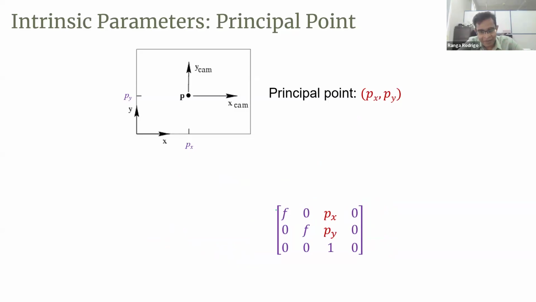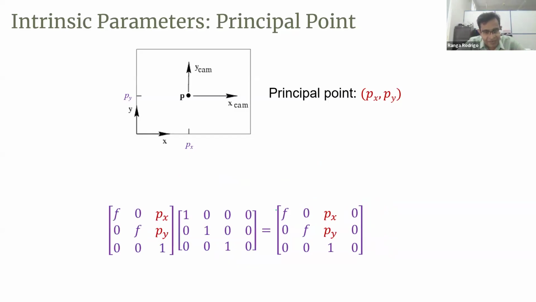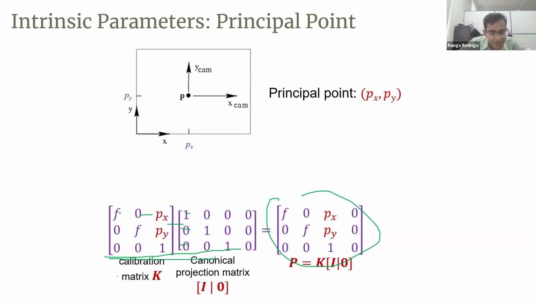Now we have the camera matrix up to this level. Now you can see that we can even decompose that in this fashion. It is possible. You can verify by yourself: f times 1, 0 times 0, px times 0, like that. You get this one if you do this matrix multiplication. This is called K, the camera calibration matrix.